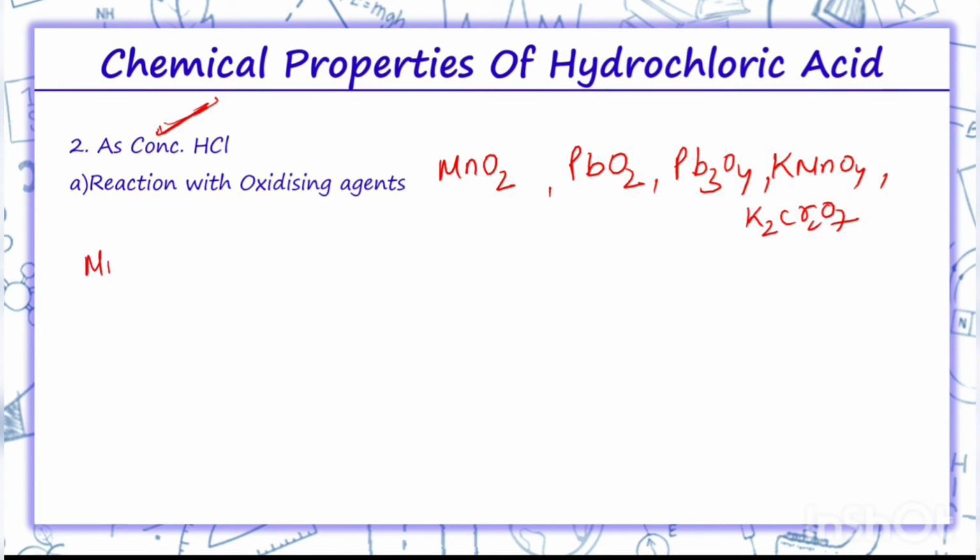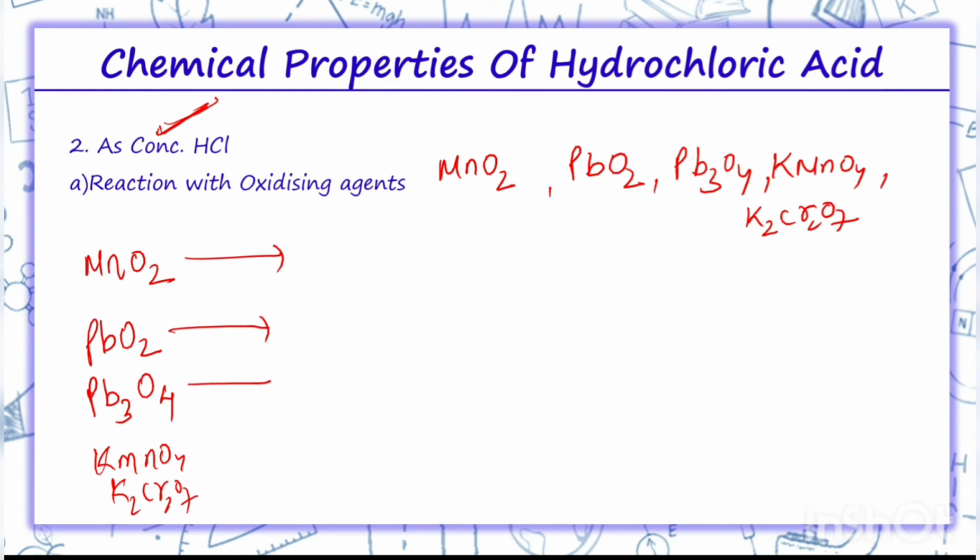Like MnO2, PbO2, Pb3O4, KMnO4 and K2Cr2O7, all of these are powerful oxidizing agents which react with HCl. If manganese is there, it will form manganese chloride plus water plus Cl2.